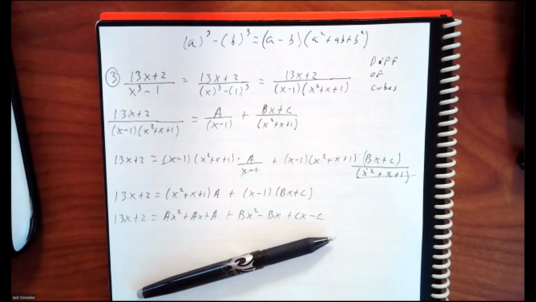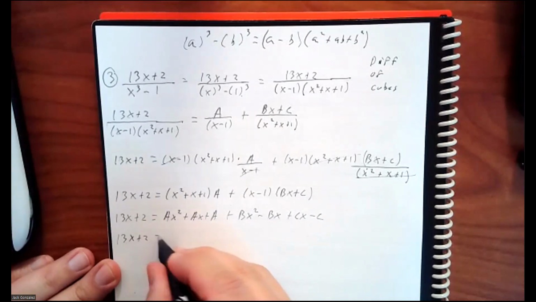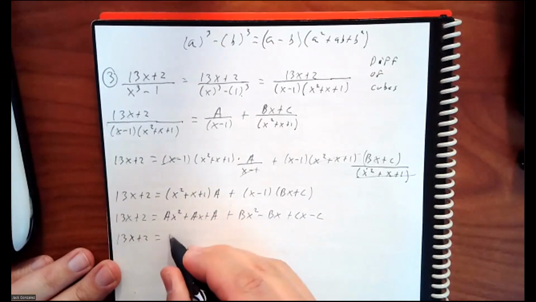All right. Collect the ones that are the same and then start equating the coefficients. This is not a good one for Heaviside.